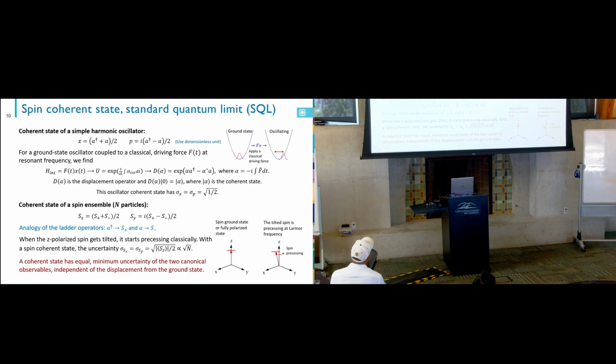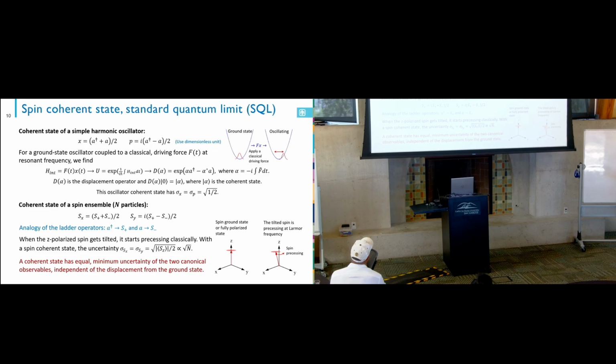If you have a force applied to your oscillator, thinking about the classical picture, you're going to displace that mass from the original equilibrium position on the spring, and then once we do that, we can see how it evolves in time using the unitary operator, which can be easily calculated using the interaction Hamiltonian. And you just do some math, you'll find, oh, this is equivalent to the displacement operator.